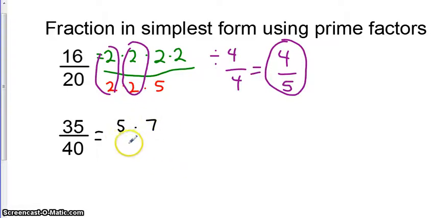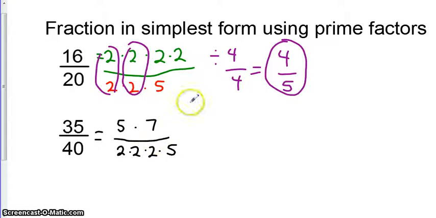Both 5 and 7 are prime, so they are prime factors. 5 times 7 is 35. Looking at 40. 40 is divisible by 2. Okay, so then we have 20 remaining, and 20, as we set up here, was 2 times 2 times 5.